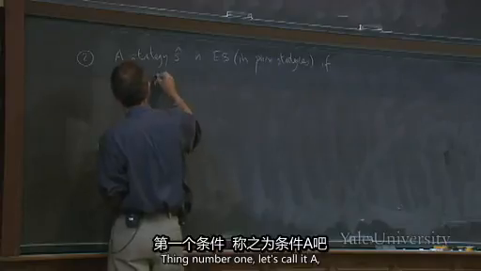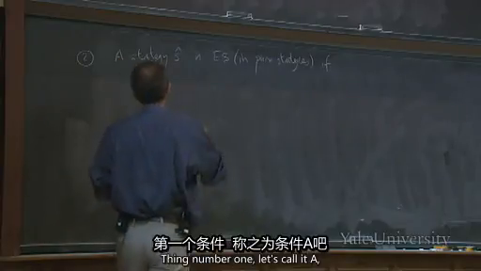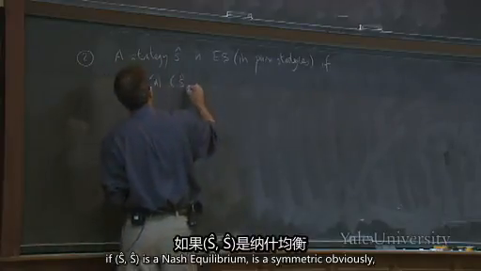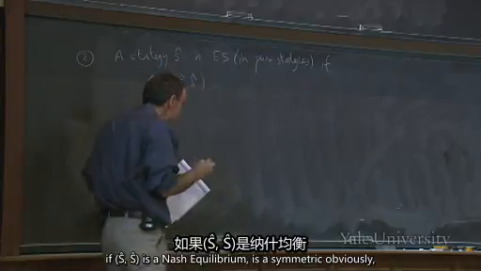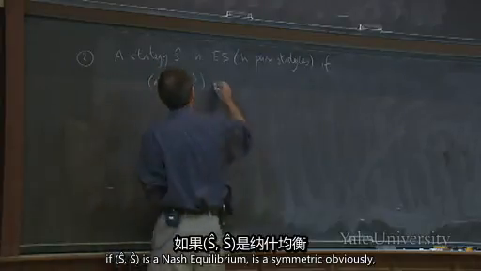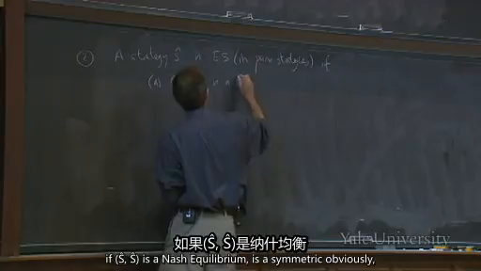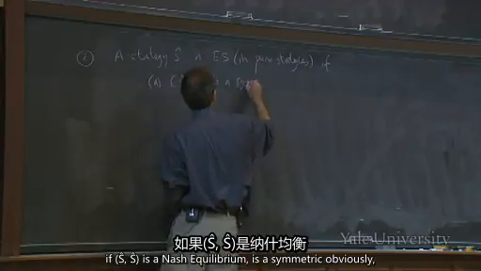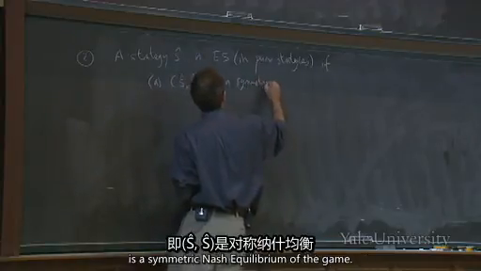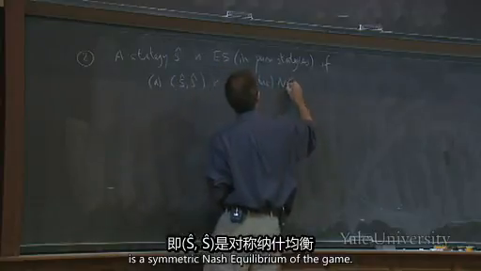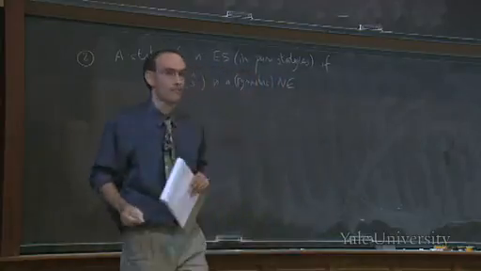Thing number 1, let's call it A, if S hat is a Nash equilibrium, is a symmetric, obviously, is a symmetric Nash equilibrium of the game.